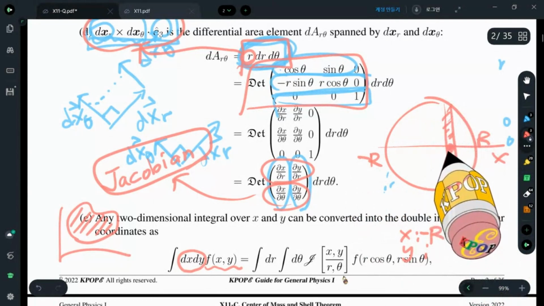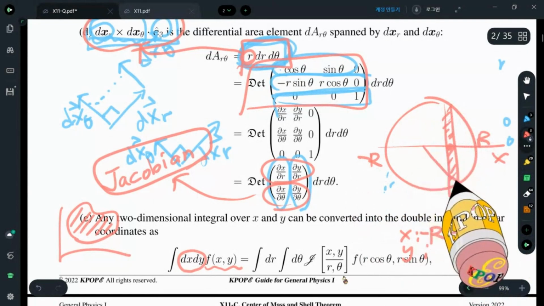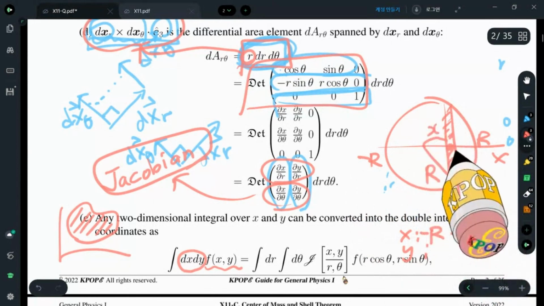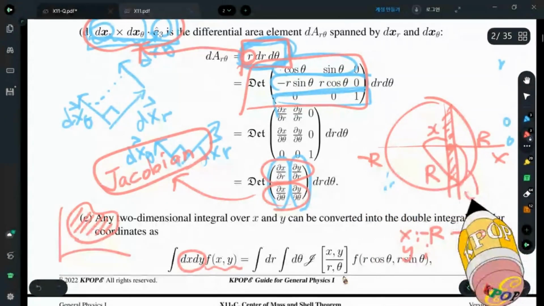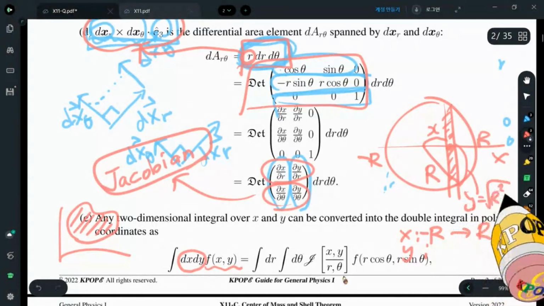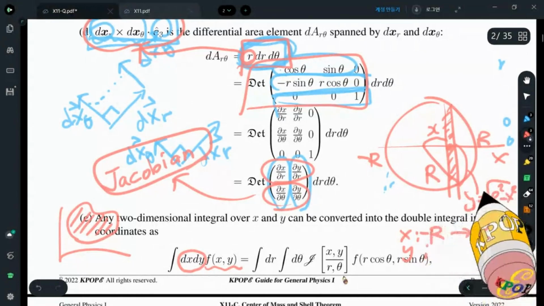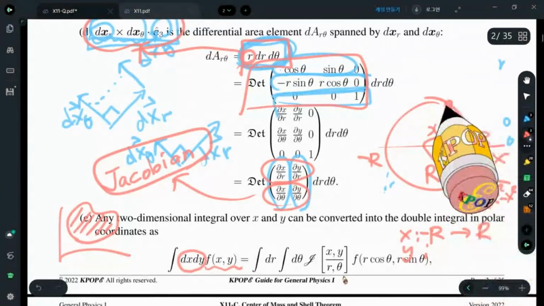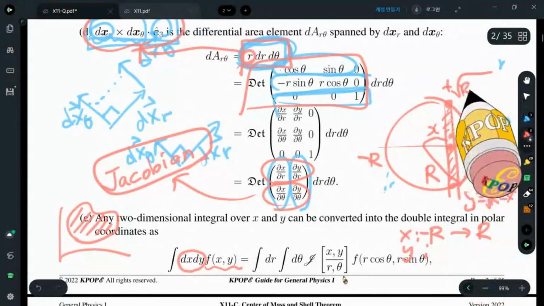If I have some x, because this is r, and this is x, and this is y, y is the square root of r squared minus x squared. Here, this is a minus, and this is a plus.